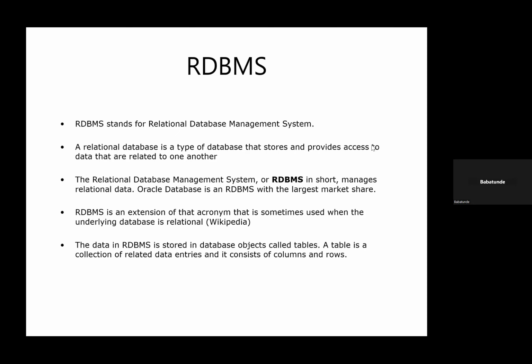A table is a collection of related data entries, and it consists of columns and rows. We all work with spreadsheets. If you look at a spreadsheet, you have columns and you have rows. If you can picture that, that's the way tables in the database look.